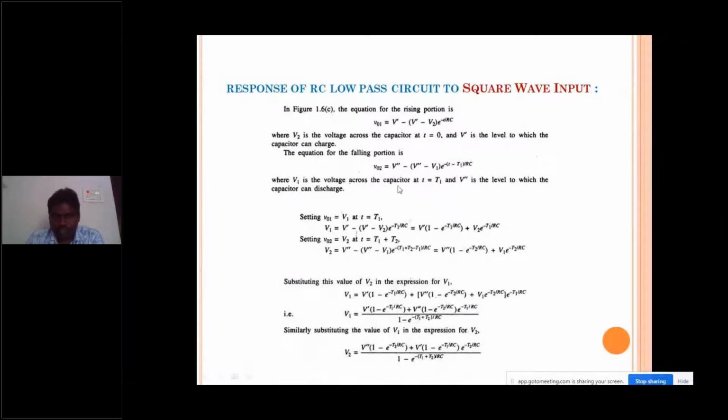V01 is calculated for the first duration, V02 is calculated for the next duration. These are the formulas using V final minus V initial into e to the power of minus t by RC. That is the voltage across the capacitor. If I use these two and substitute different timings, what will happen at exactly t1? What will happen at exactly t1 plus t2?